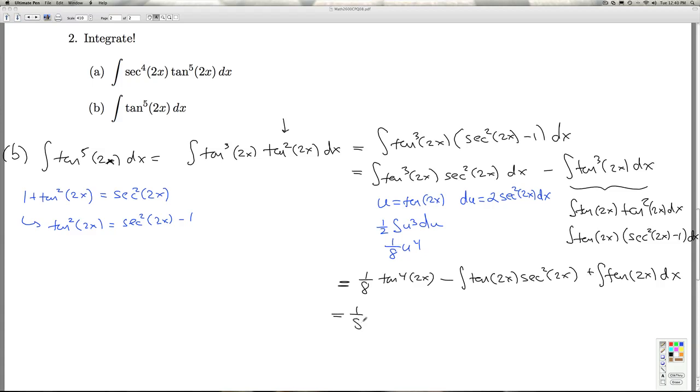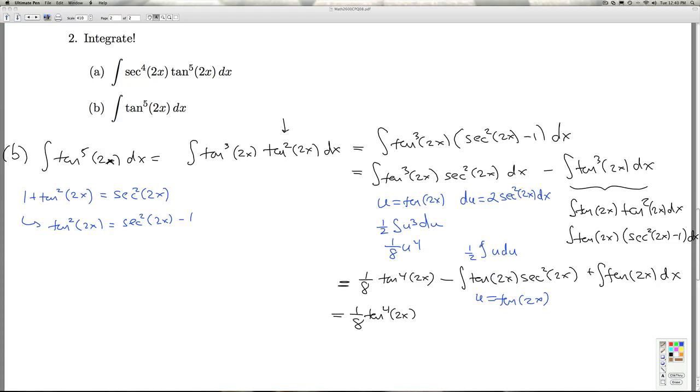So I've got 1/8 tangent to the 4th 2x. What's going to happen here? The same thing that happened before. I'm going to let u be tangent 2x. This is going to give me the form 1/2 integral u du. Same substitution as before.